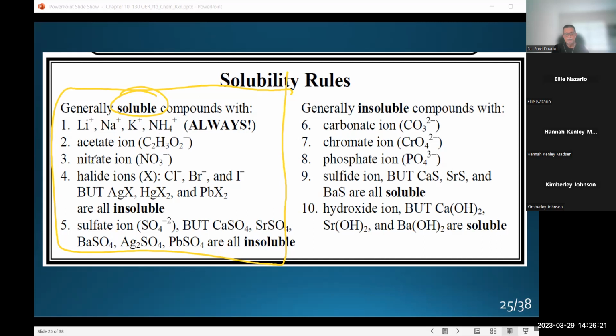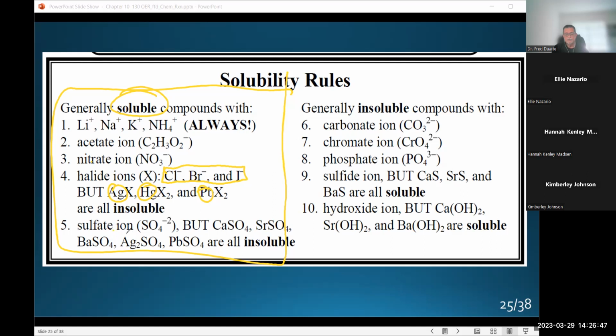The acetate and the nitrate, 2 and 3, regardless of the cation, are classified as soluble. The halides, chloride, bromide, and iodide, normally are soluble regardless of the cation, with the exception of silver, mercury, and lead, which are insoluble.